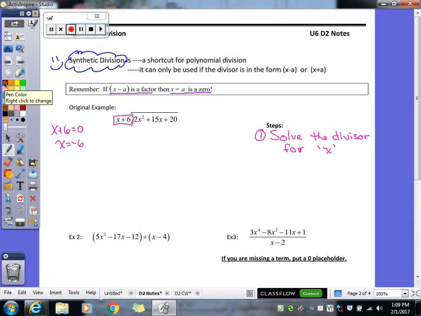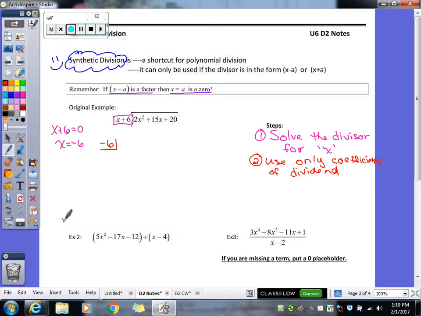So our second step is you are going to use simply the coefficients of your dividend here. So use only coefficients of dividend. So we create a little box, and that's where our negative 6 goes that we just found. That doesn't disappear, that's still there.